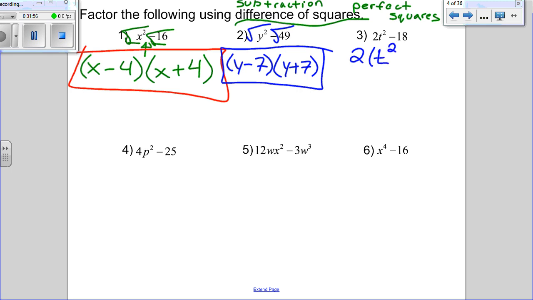So you took your GCF out, and it left you with a difference of squares. So I can square root both those things. The 2 is still going to be out front, and then whatever the square roots are, so t minus 3, and then t plus 3. That is going to be your factored binomial.